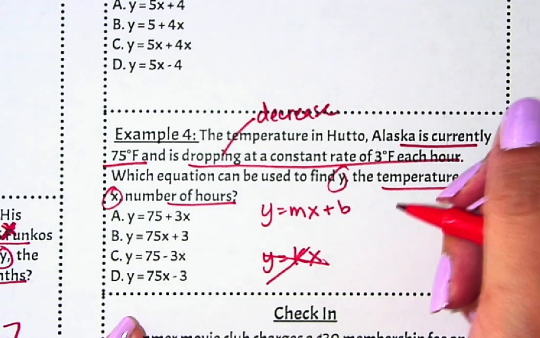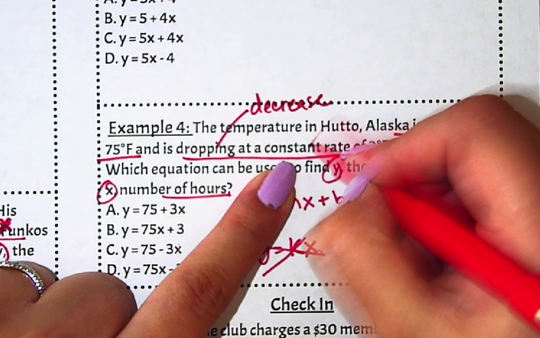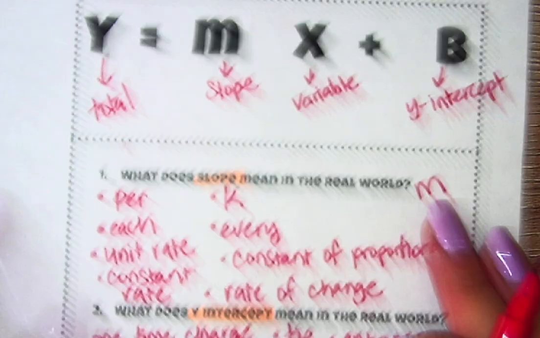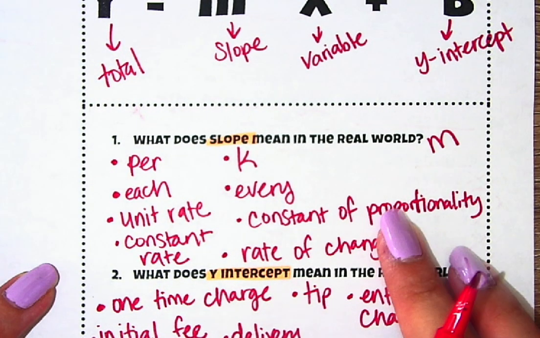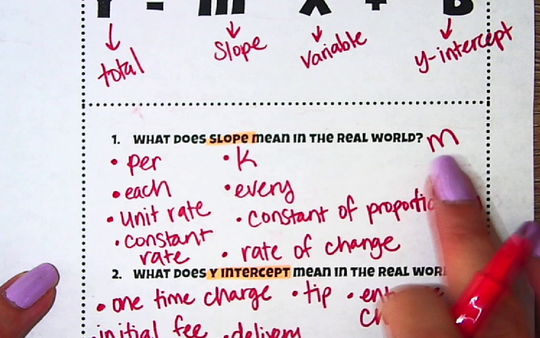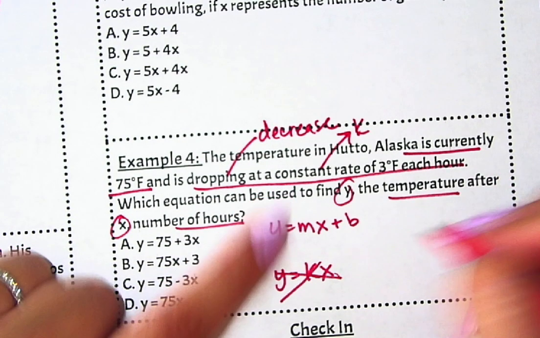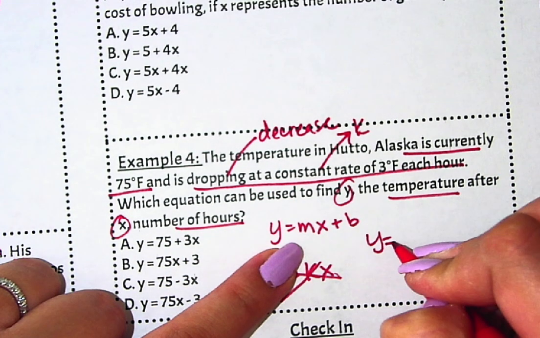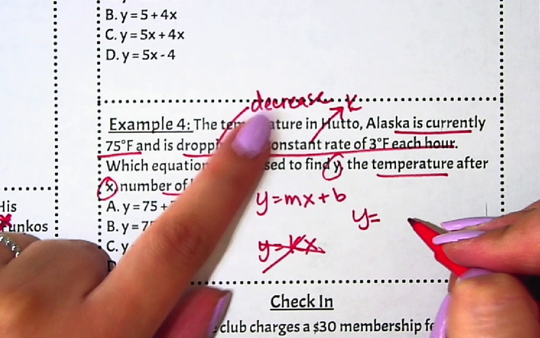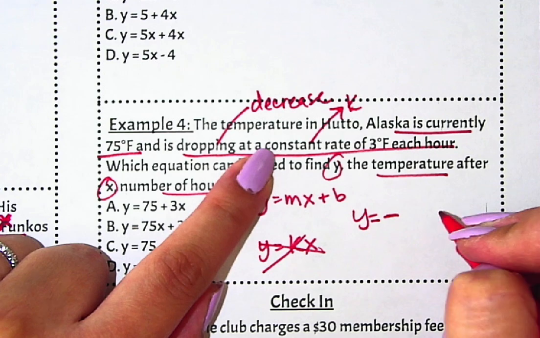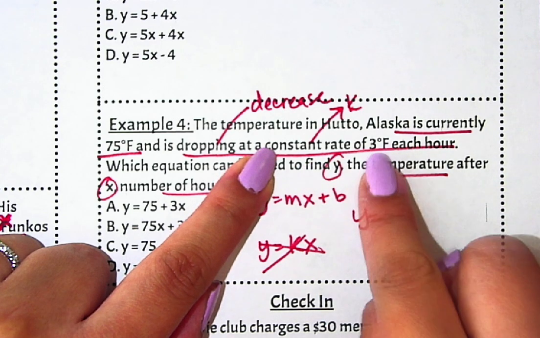We know that constant rate is our K or M. Remember your words in the front. It says constant rate, that is my M. So I'm going to rewrite this, y equals, if it's decreasing, that means it's going to be a negative number. We know that our M is going to be 3.